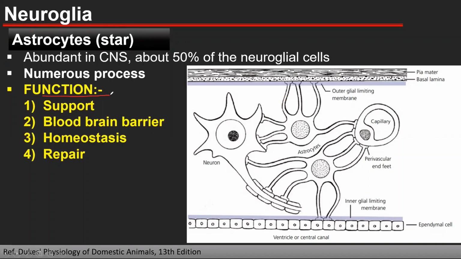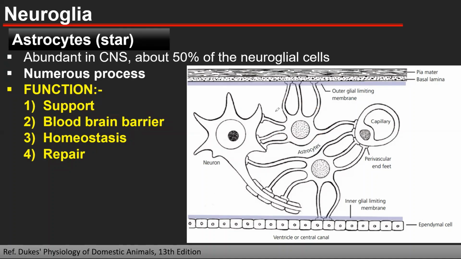And the functions: it provides the physical support to the neuron. It also participates in the formation of the blood-brain barrier. It is involved in homeostasis, providing a stable environment for the functioning of the neuron. And it also takes part in the repair mechanism. So the astrocyte plays a very important role, and it also provides the structural integrity of the nervous system.